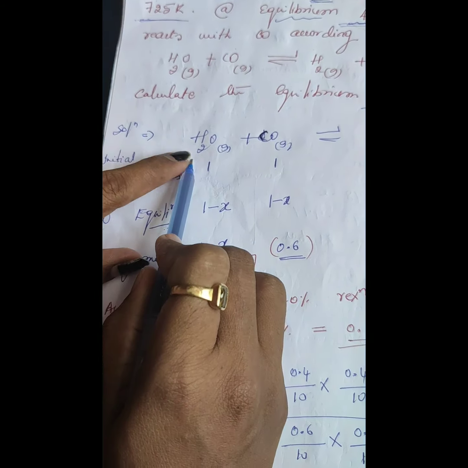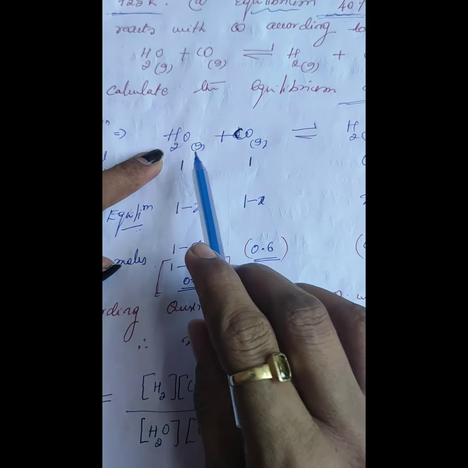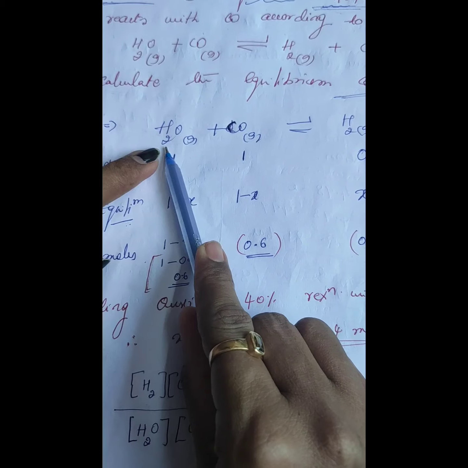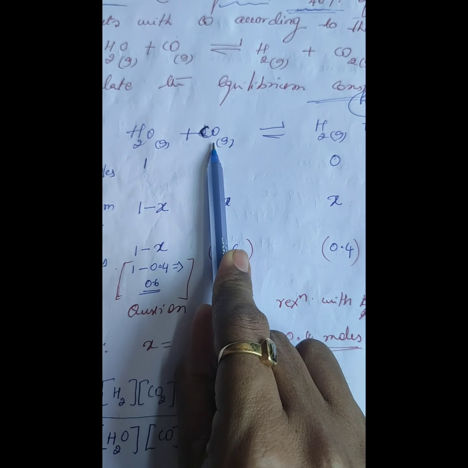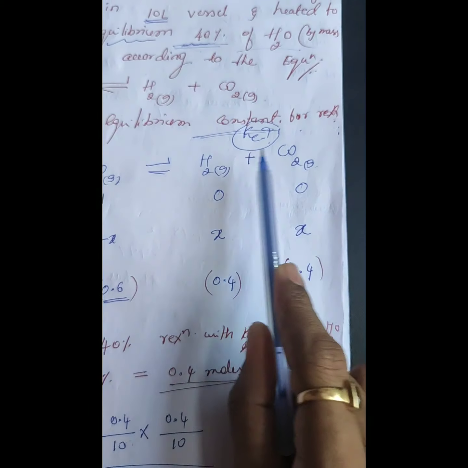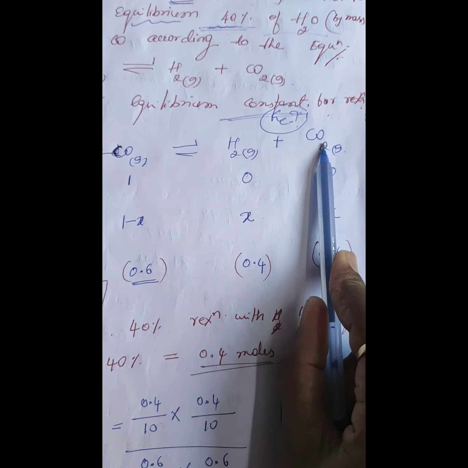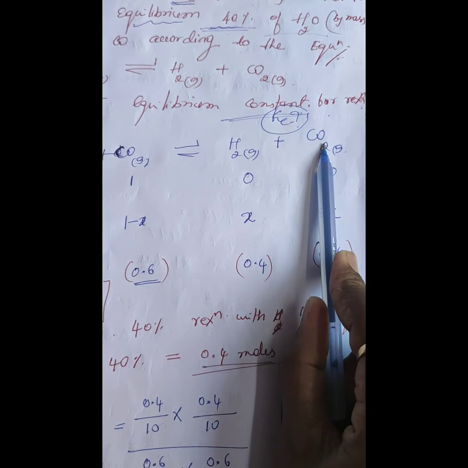Based on the data given, let us consider how to proceed to calculate the equilibrium concentration. See, 1 mole of water gaseous and 1 mole of carbon monoxide gaseous lead to the formation of 1 mole of hydrogen as well as 1 mole of carbon dioxide. This is given. Now, what will be the initial number of moles?